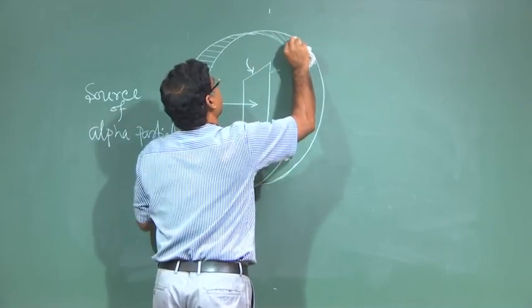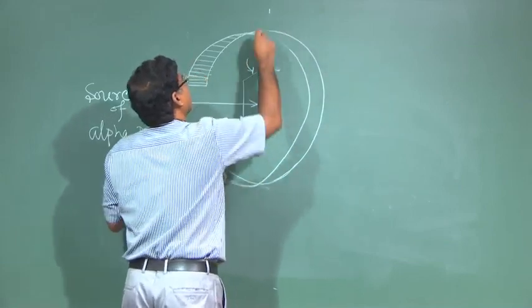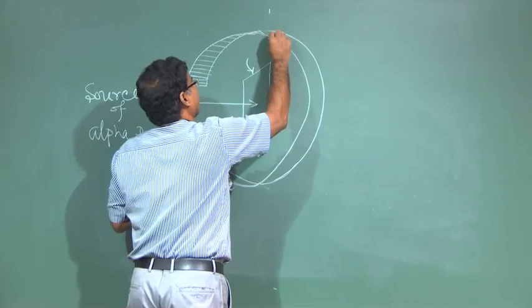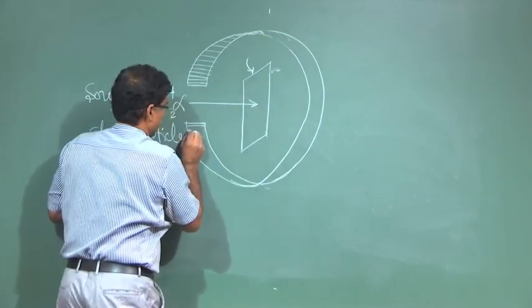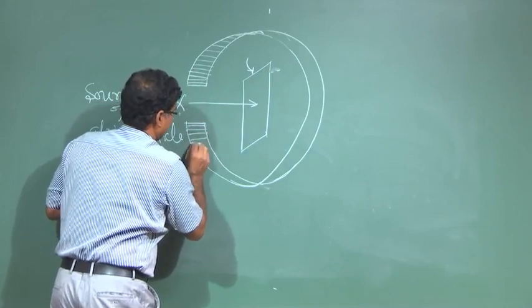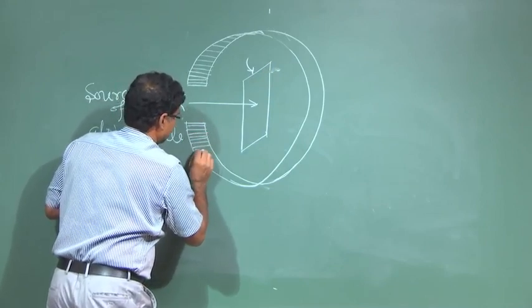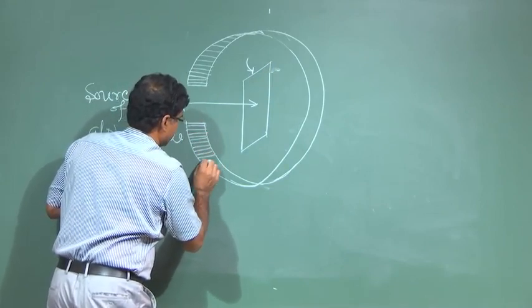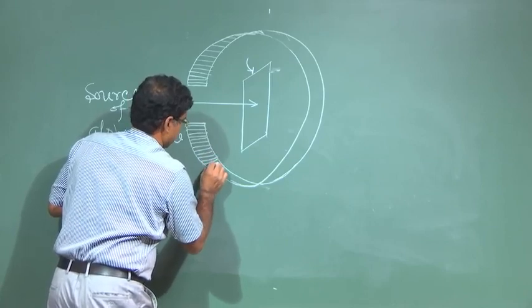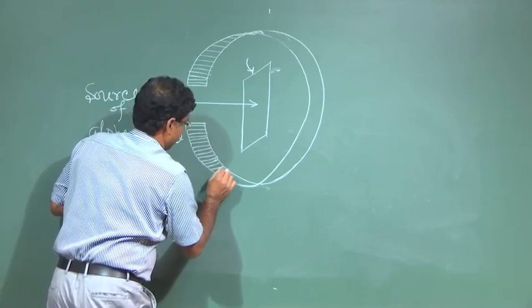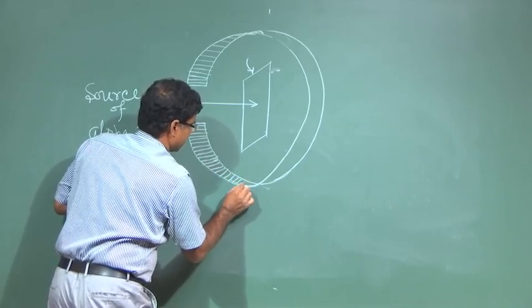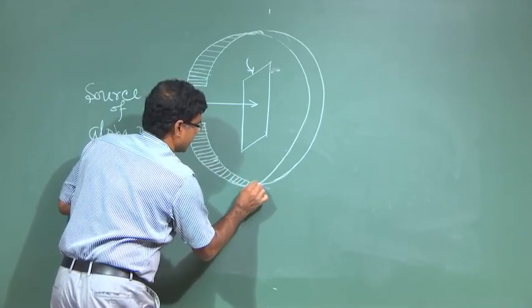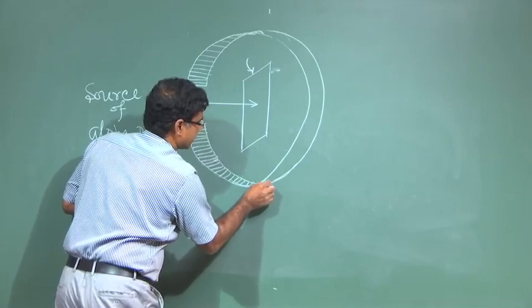This is basically the foil. It is not the gold foil, it is the screen, but it is coated with zinc sulphide, which is the fluorescent material.